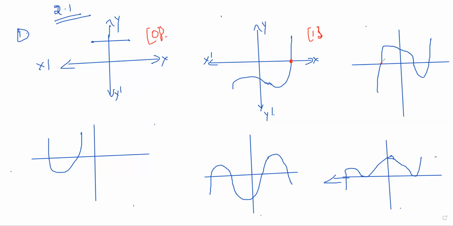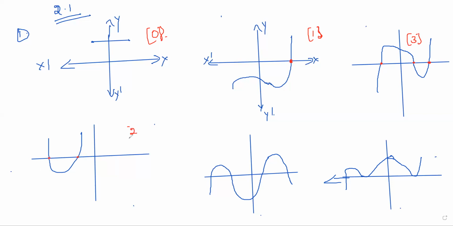And the curve is cutting the x-axis at 3 points. You have to observe only the x-axis. Okay, it is cutting both x and y-axis, but you have to consider only the x-axis. 1, 2, 3. So number of zeros is equal to 3. And here, the parabola is cutting the x-axis in 2 points.